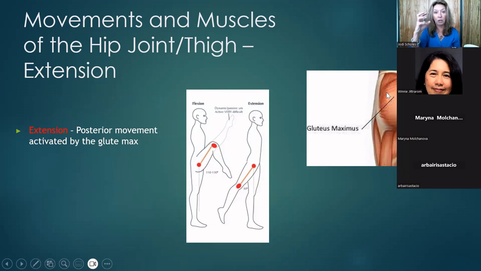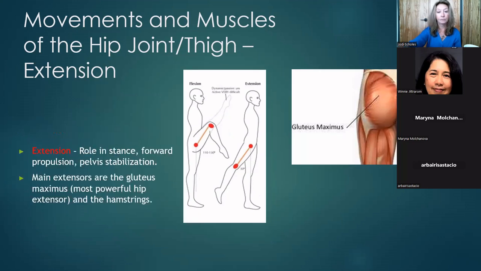That big old chunk, a hunk of muscle in your bottom. And so secondary muscles that move are, of course, your hamstrings. Glute medius is also going to be involved here, but the major mover in extension is glute max.